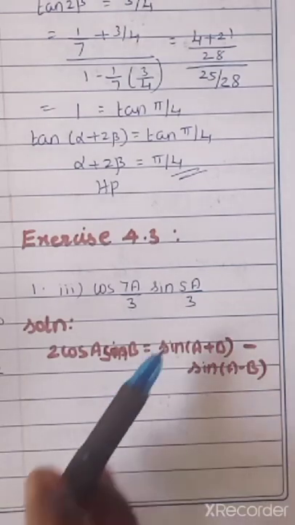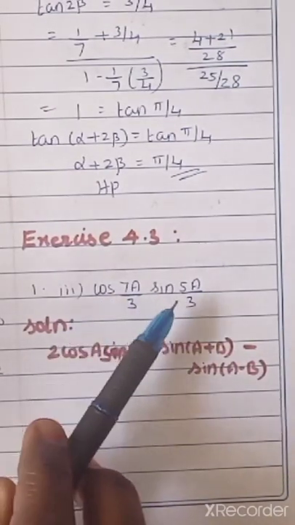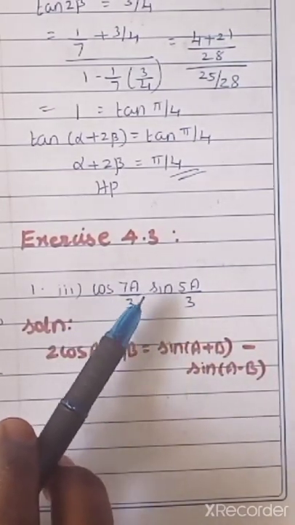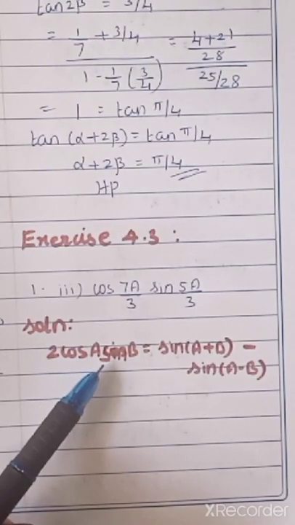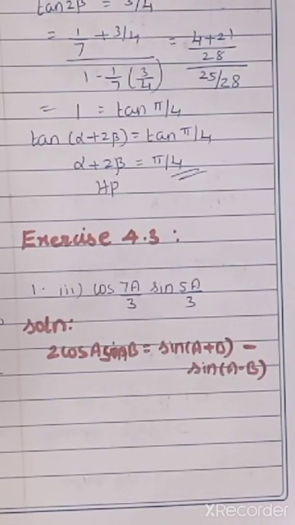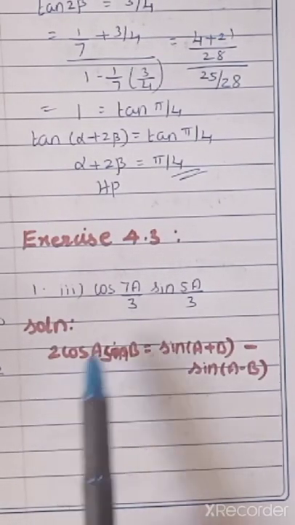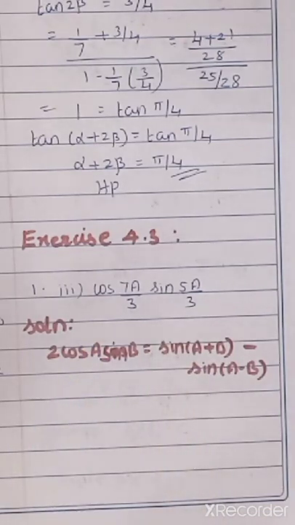Okay, this is a product, so cos A sin B. Now which formula can we use? The cos A sin B formula. What is the answer? Sin(A plus B) minus sin(A minus B). But look at the question. In the formula we have 2, but in the question 2 is missing.